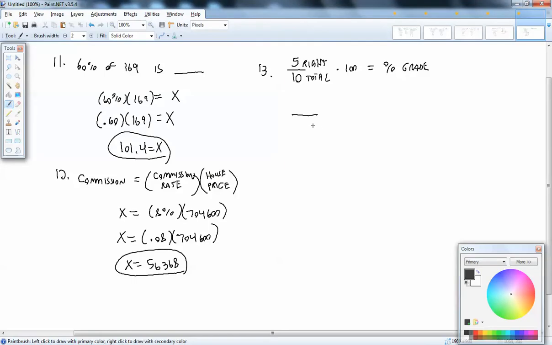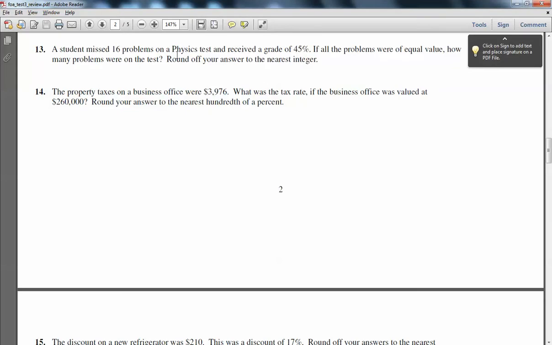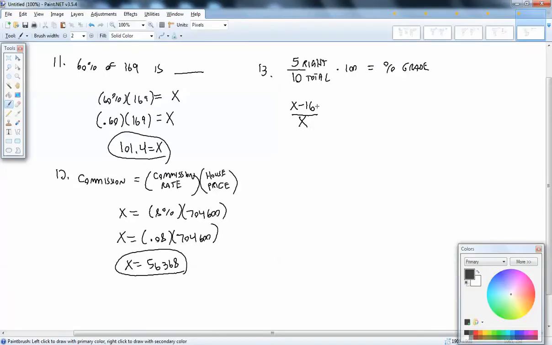It says how many problems were on the test, so that's x. So that's our total. Now the number we got right, if we miss 16 of them, then x minus 16 will give us how many we got right. For example, if I had 30 problems, then 30 minus 16, we missed 16 of them, means I got 14 right.